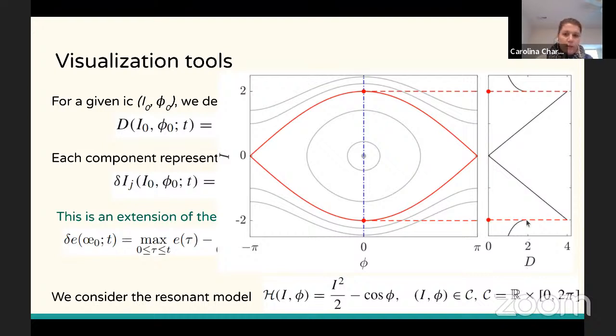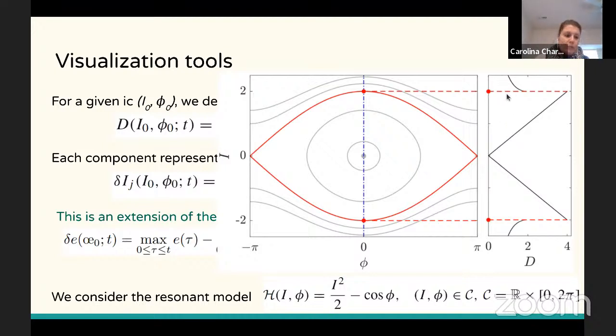For a fixed value of the angle here, we plot the landscape of the D metric, and you see for the positive values of the action, that the value of D linearly grows within the libration domain.